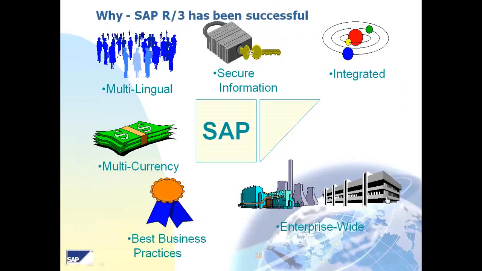Coming to SAP R/3: why is SAP successful compared to the rest of the ERP systems? Of course, you know, so many ERP systems are available in the market. It is superior because of superior information, and it is integrated.